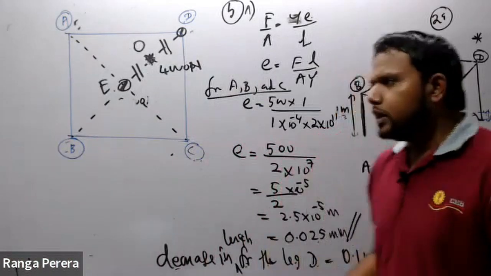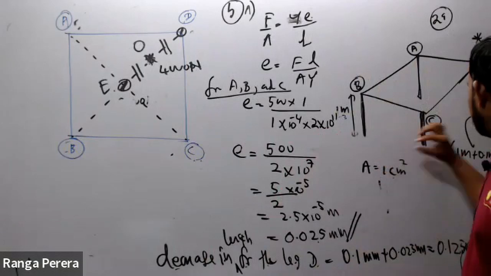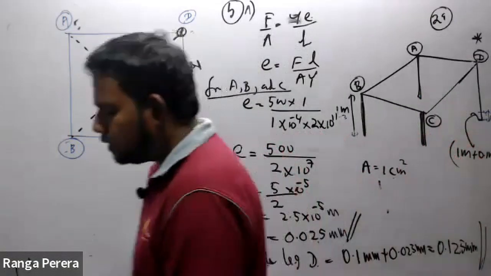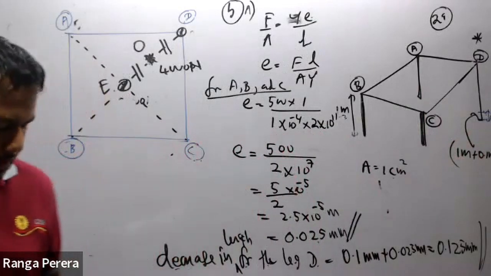No need to do the calculation because we know that it's only 0.1 millimeter extra we have to compress. So we can simply get the answer.